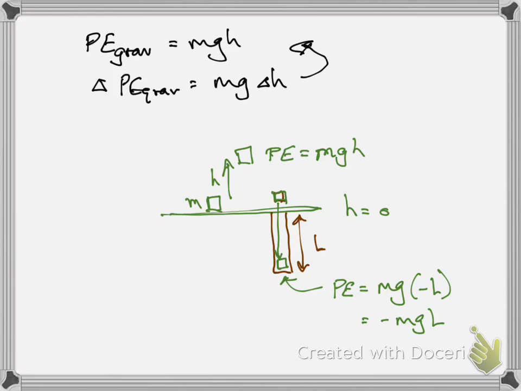I mean, we always say you can define h equals 0 where you want. If you define h equals 0 at some arbitrary point, then positive versus negative is not meaningful. But negative potential energies or negative total energies are actually meaningful if we define things well.